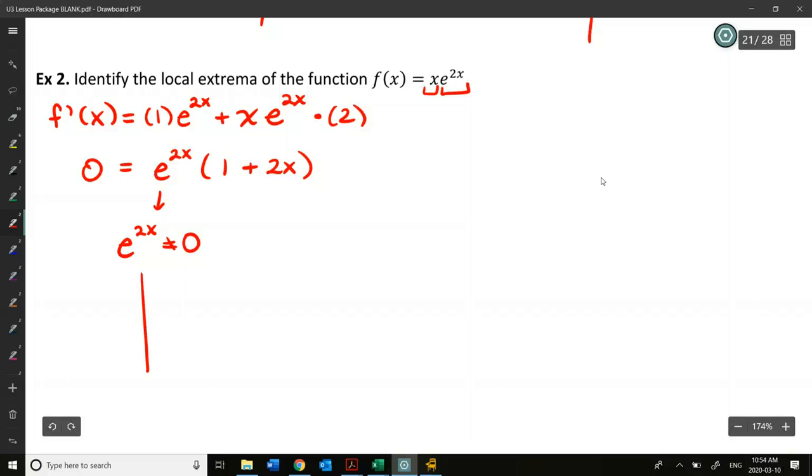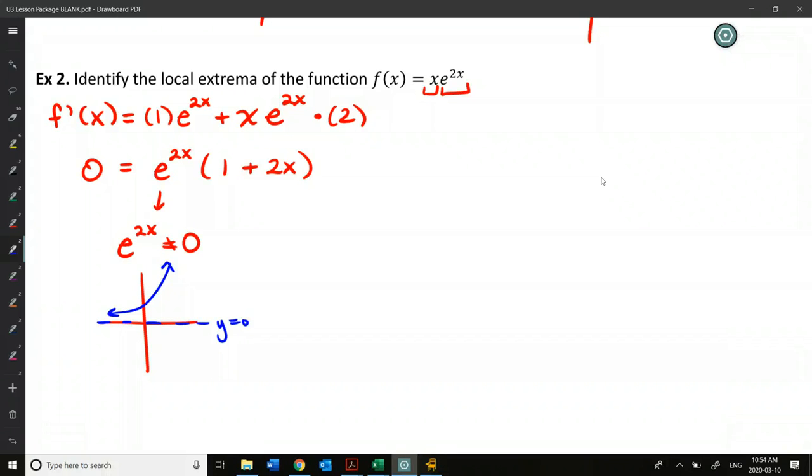So this function has a horizontal asymptote along the x-axis, and then it looks like this, right? So this function is never going to be equal to 0. There's no x for where we would get a y equal to 0. So that's not going to happen.